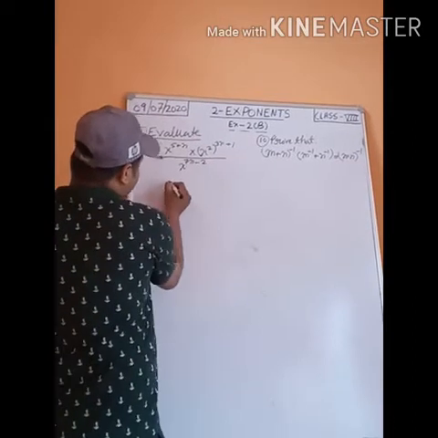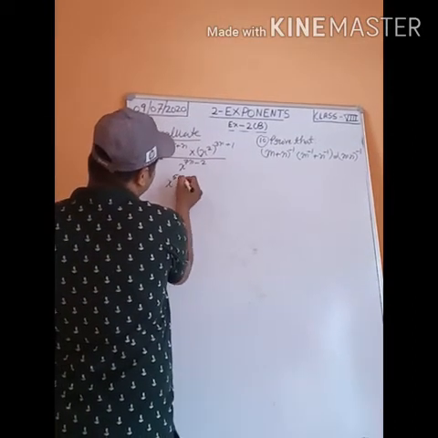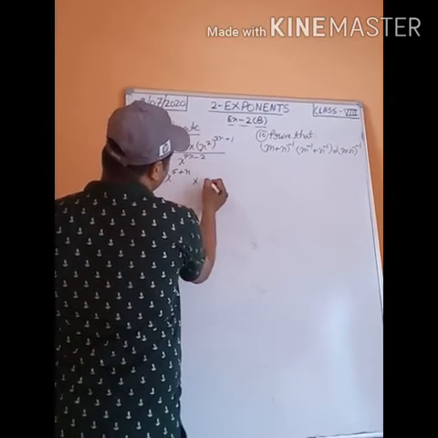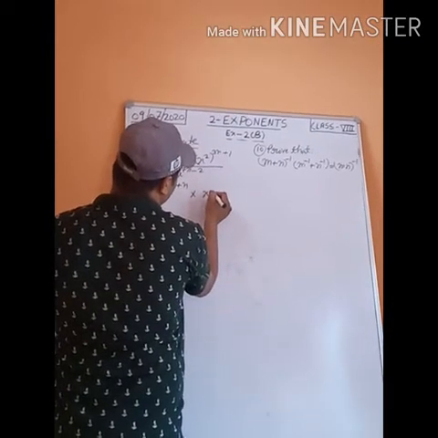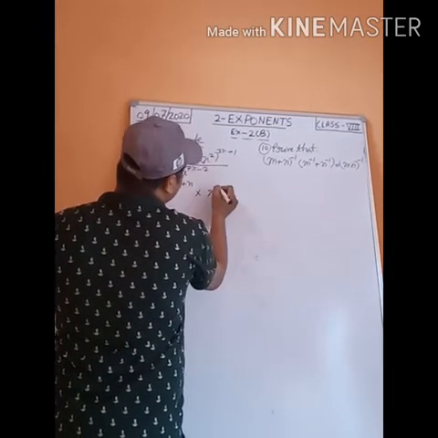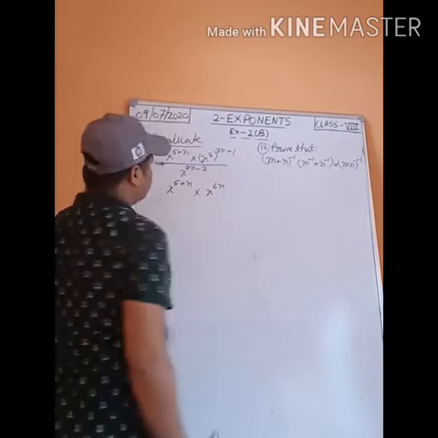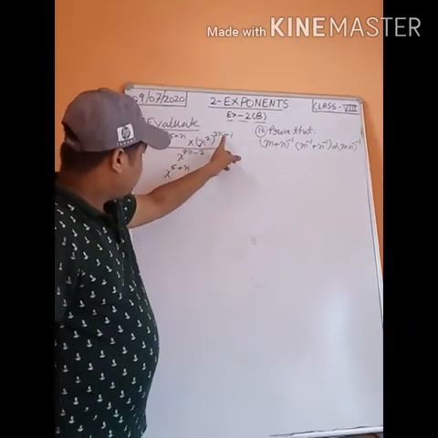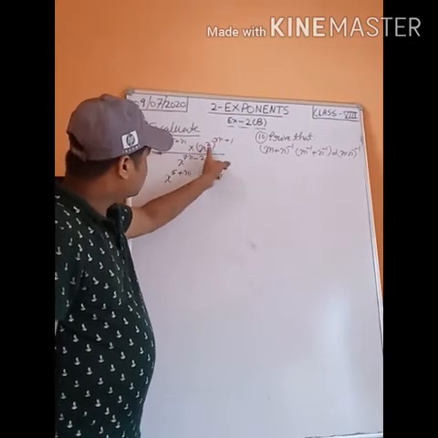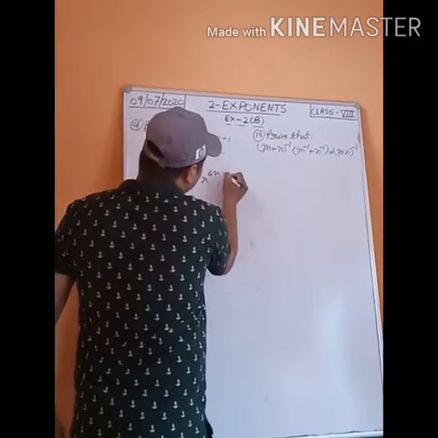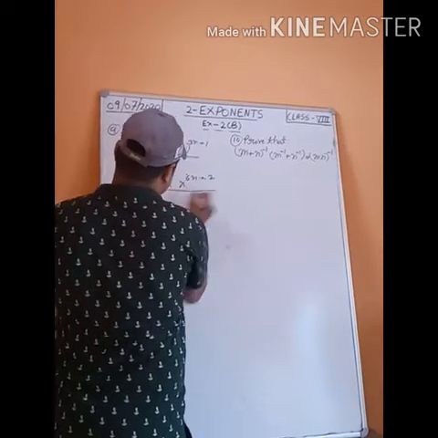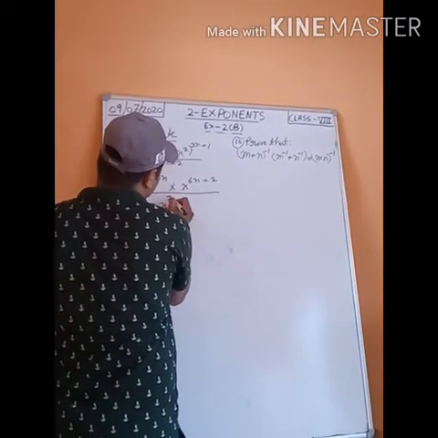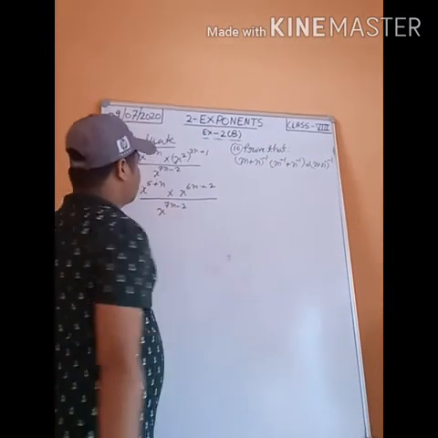So x raised to the power 5 plus n multiply x raised to the power 2 times 3n plus 1, that is 6n plus 2, upon x raised to the power 7n minus 2.